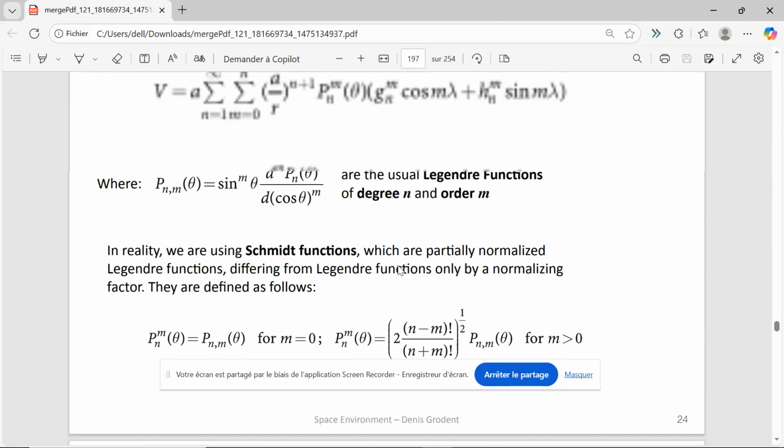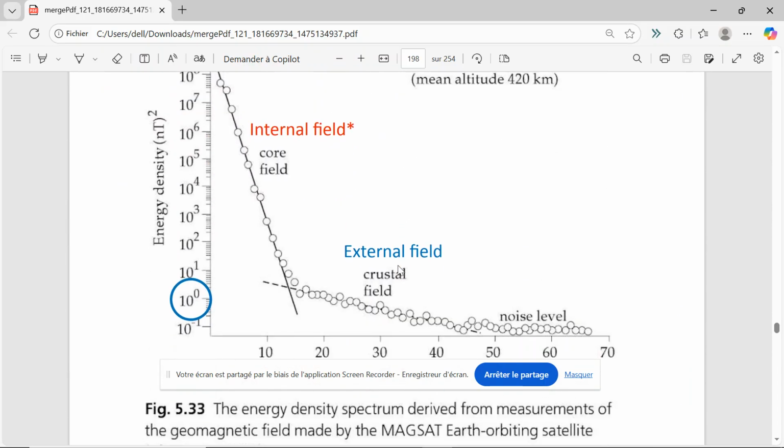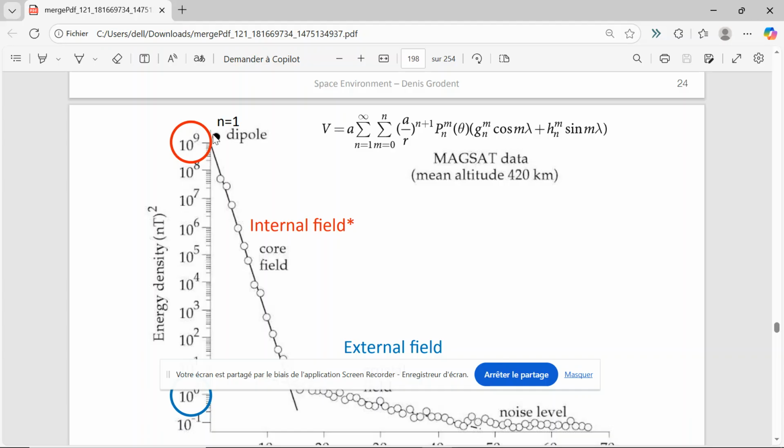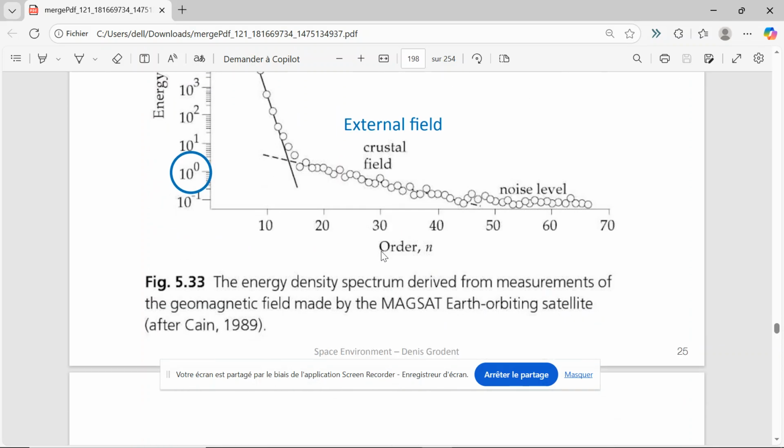So the accuracy of the solution will depend on the number of terms you add. When you add one, two, three terms, you already have a very good approximation, because the fourth one has three orders of magnitude difference between the number four term and the number one term.